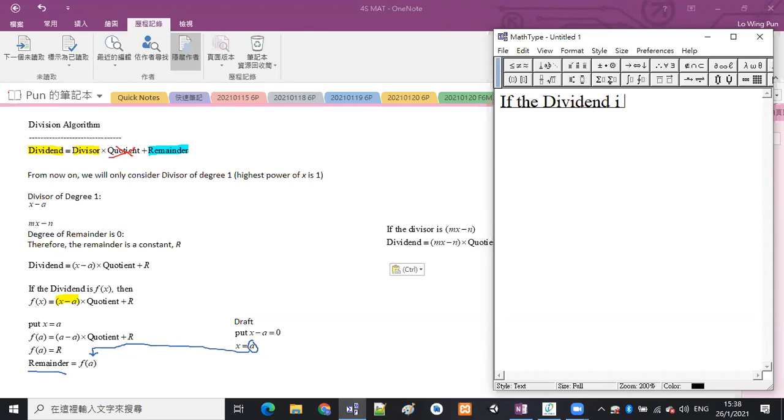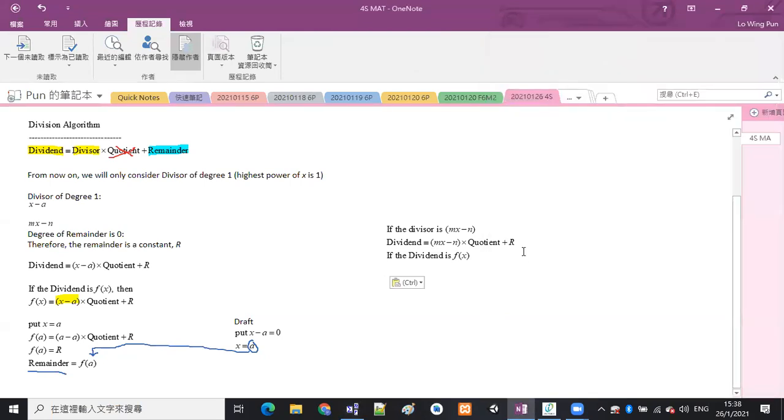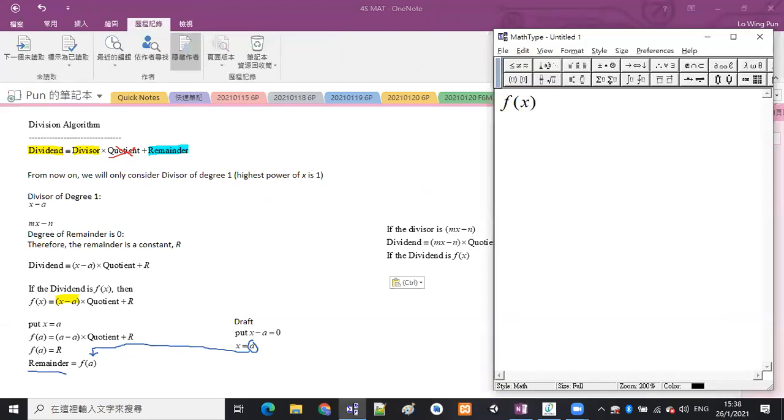is f(x), okay, then the division algorithm becomes f(x) is identical to mx minus n times quotient and then plus remainder.